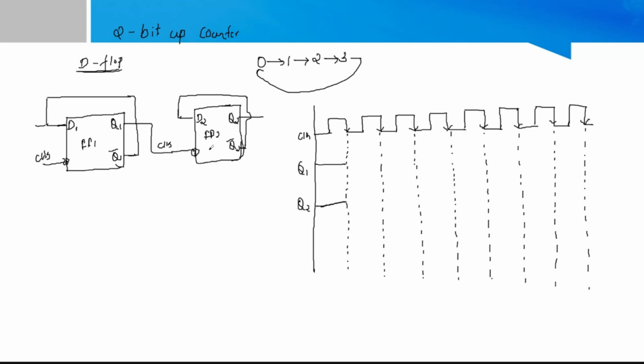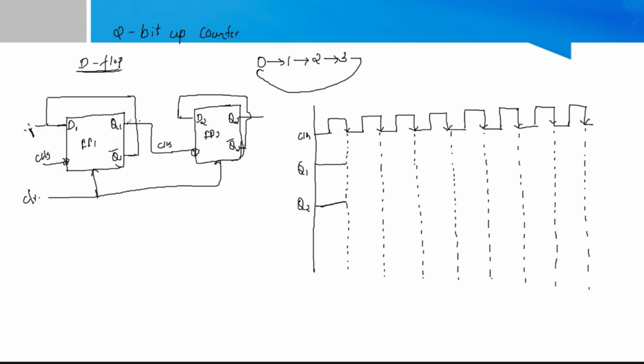Initially you will clear the signal, and here you will be having the clear signal or the reset. Initially it will be 0 0. So this input is 1. Now what happens at the first falling edge of the clock? What is the input? D is 1. So what will be the output here? At the first falling edge of the clock, the input is 1.